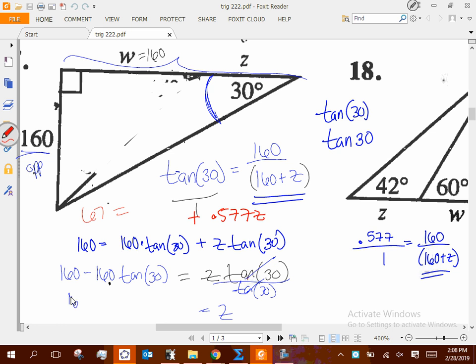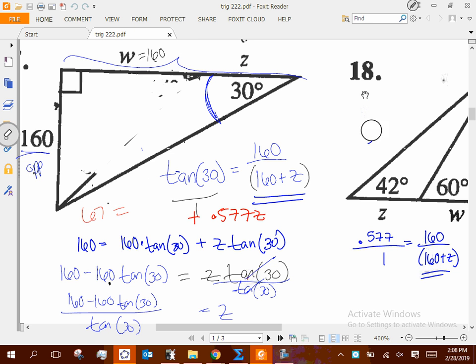And then I'll have 160 minus 160 tangent of 30 all over tangent of 30. And so these tangent of 30s can't cross out, and this is the reason. Remember, tangent 30 is just a number, right?